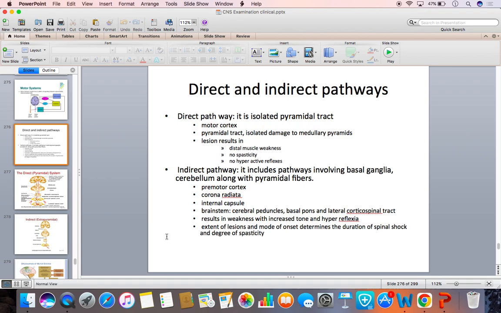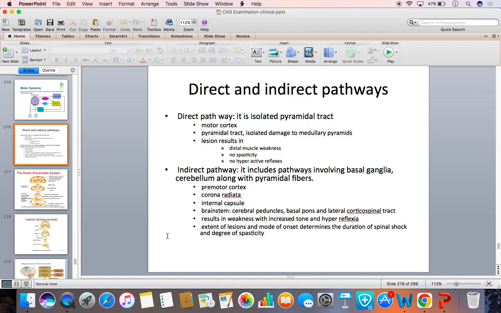So, when do you get the direct pathway injury? If it is isolated pyramidal tract, that results in the injury to the direct pathway. The pathway starts from the cerebral cortex through the pyramids in the medulla.